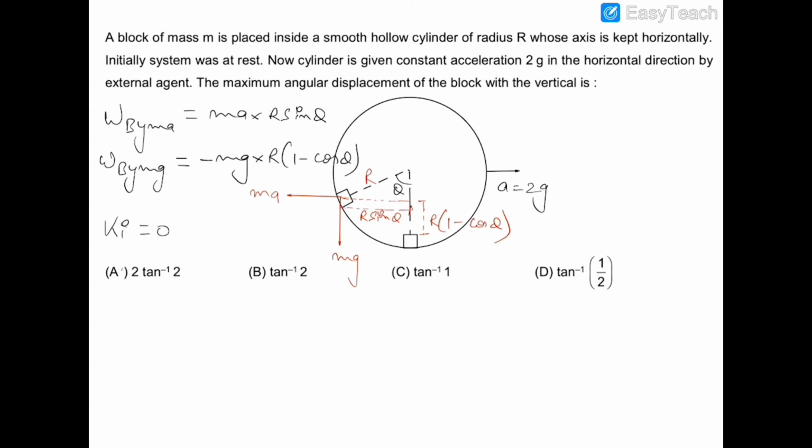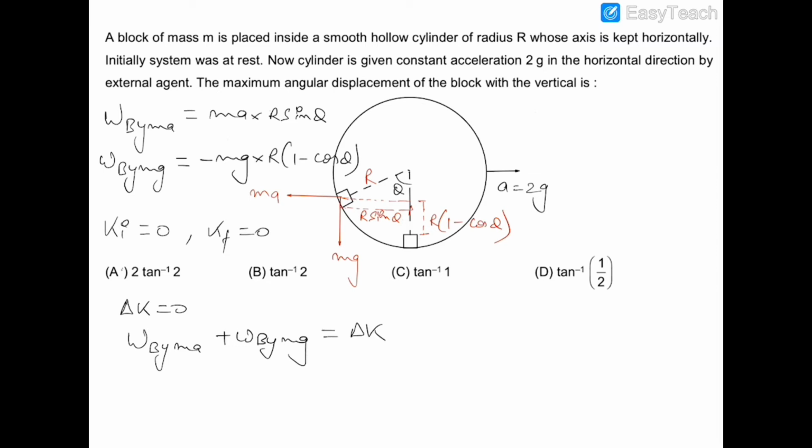Now we know that the initial kinetic energy of this block with respect to the cylinder was 0, and also the final kinetic energy of this block with respect to the cylinder is 0. So the change in kinetic energy is 0, and the work done by ma plus work done by mg is equal to delta K, the change in kinetic energy.